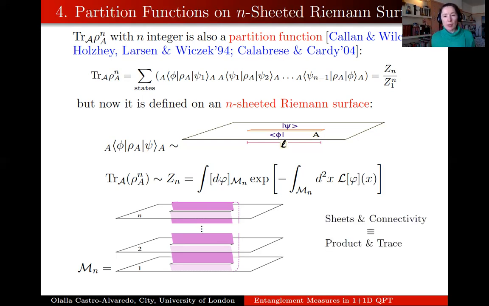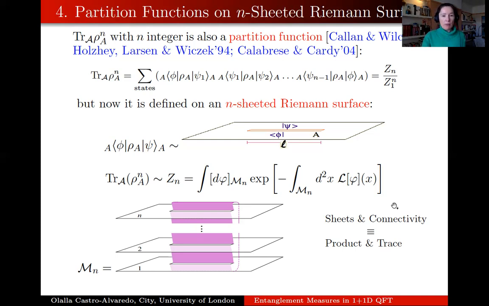So in this picture, the sheets in the Riemann surface are connected to the product in the trace, and the connectivity of the sheets is connected to the notion of the trace that we are taking when we compute the trace of rho to the n. Okay, so this is a very quick explanation of how this trace of rho to the n can be connected to partition functions on multi-sheeted Riemann surfaces.